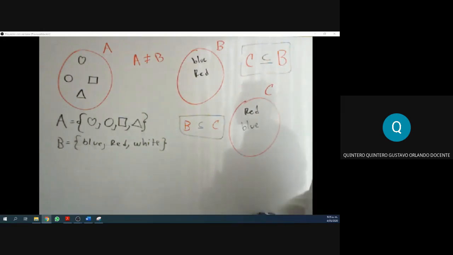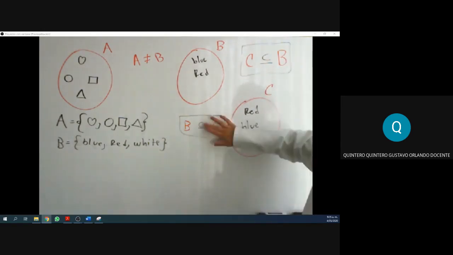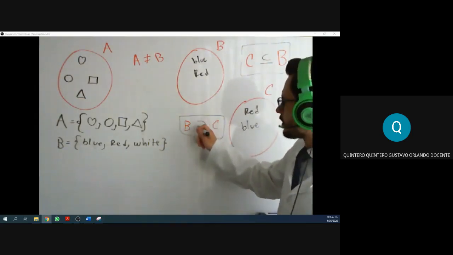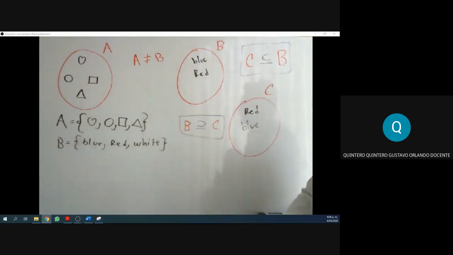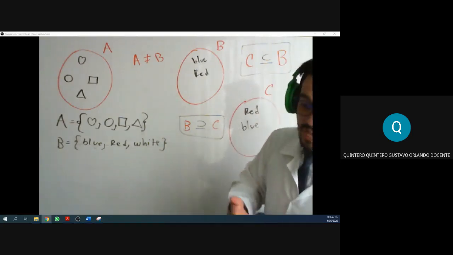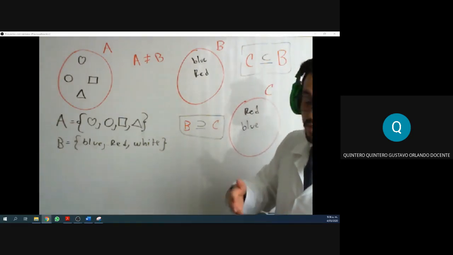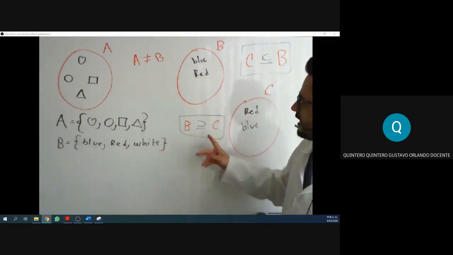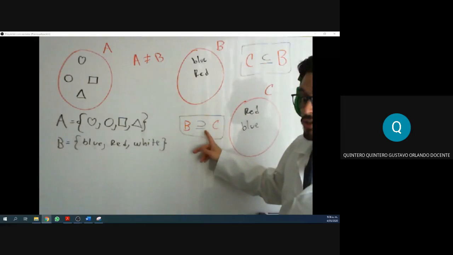All right. Some books write this expression backwards sometimes. Now, I don't think we're going to look at this in the books of the IB in mathematical studies. I don't think we're going to look at this ever. But just in case you're interested in this, this is called a superset.